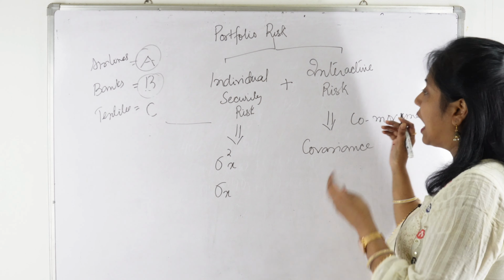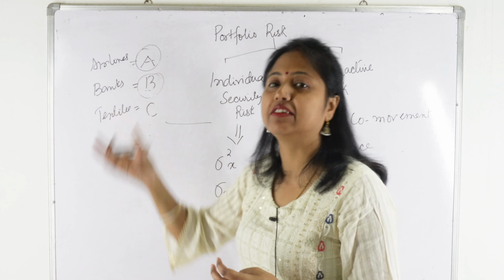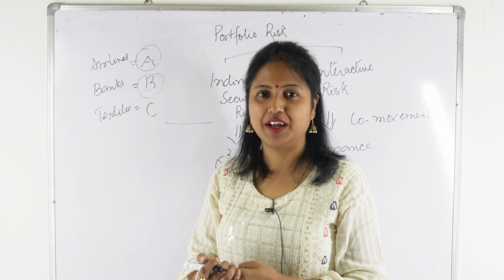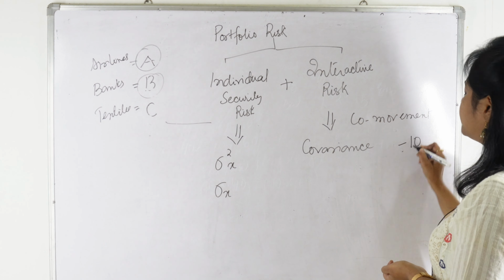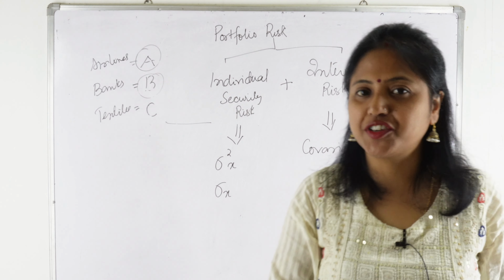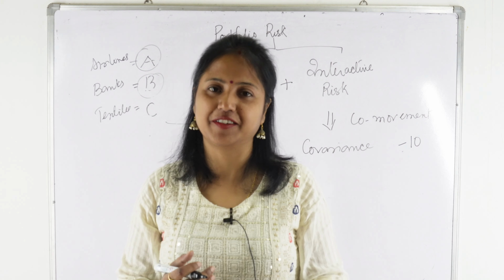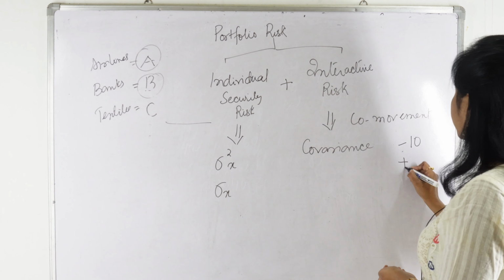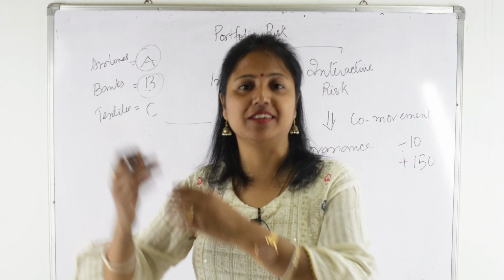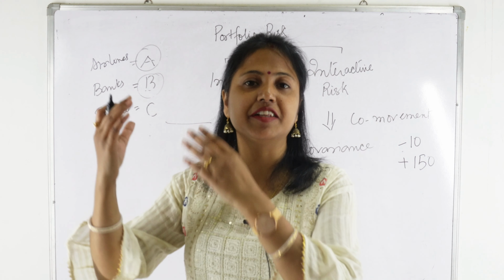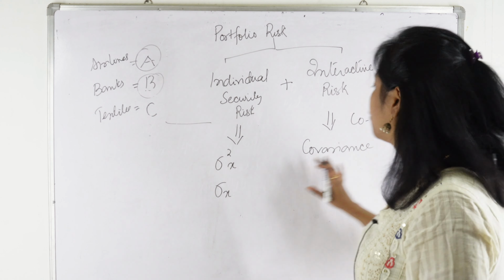Covariance will tell me how much an individual security moves together with the other in a portfolio, right? So suppose it is -10, that means it is moving in an opposite direction. If A gives a higher return, B would give a lower return, right? If it is positive, suppose it is 150, then it is showing that they are moving together, when they vary in the same direction. So this is measured through covariance.